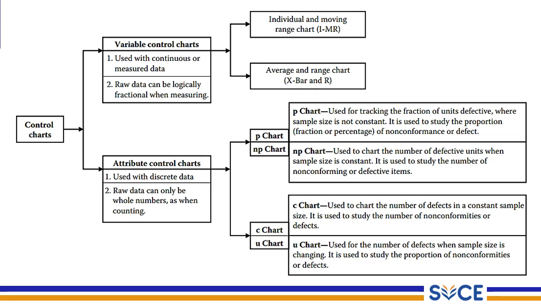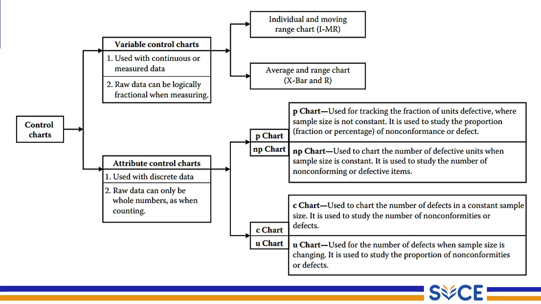There are four types of charts under attribute control charts. The P chart is for tracking the fraction of units defective, where the sample size is not constant. It is used to study the proportion of non-conformance or defects, how much percentage of units are defective.